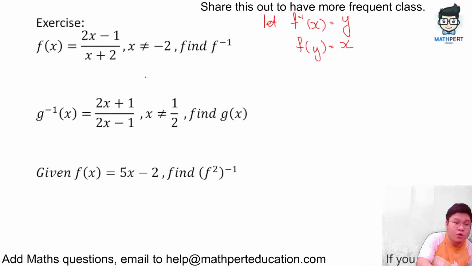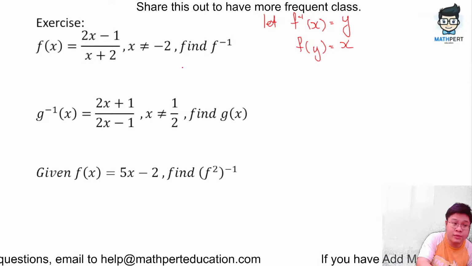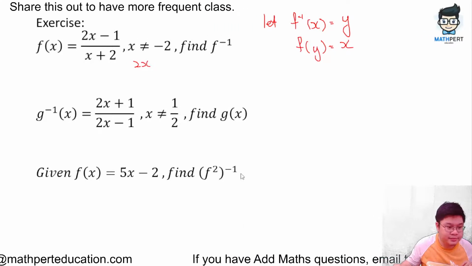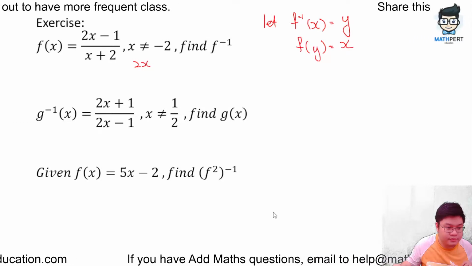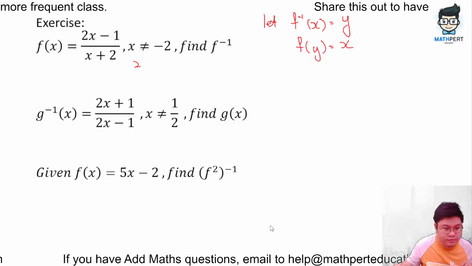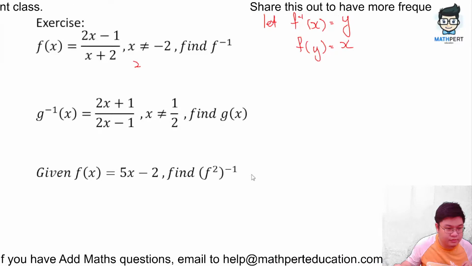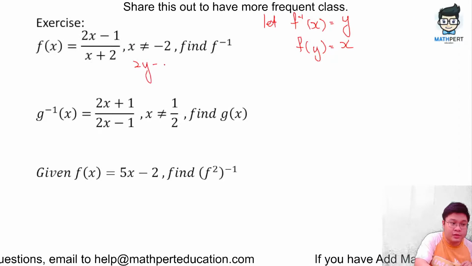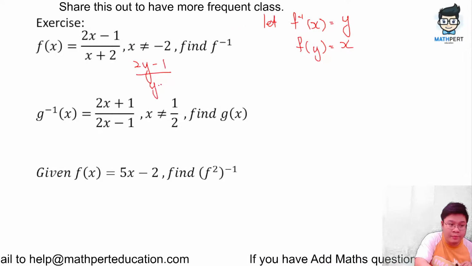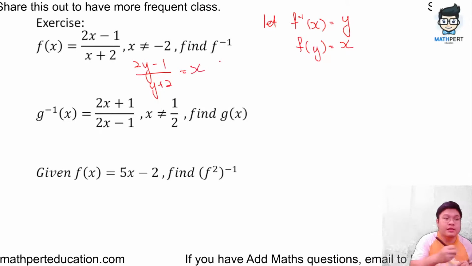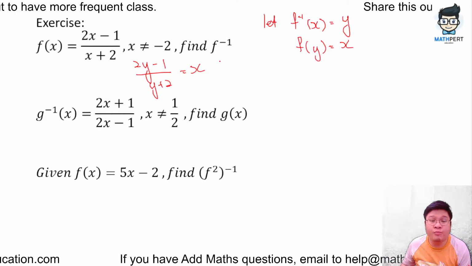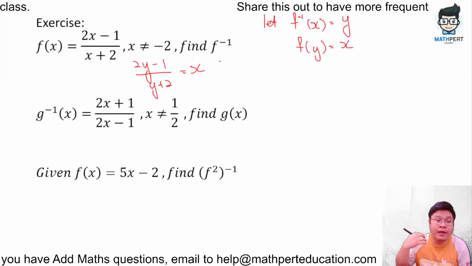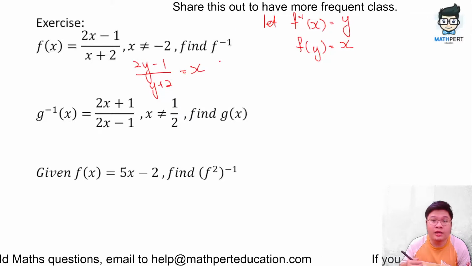So f(y) equals to x, so meaning (2y minus 1) over (y plus 2) equals to x. Okay, so now we need to make y as the subject.